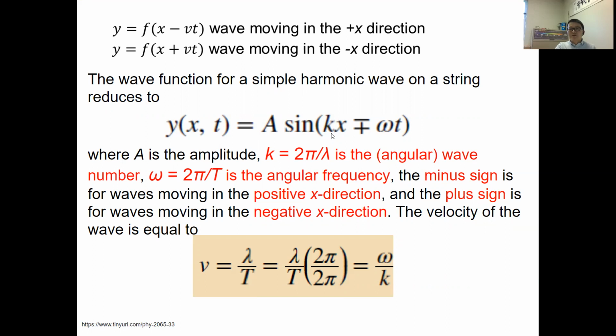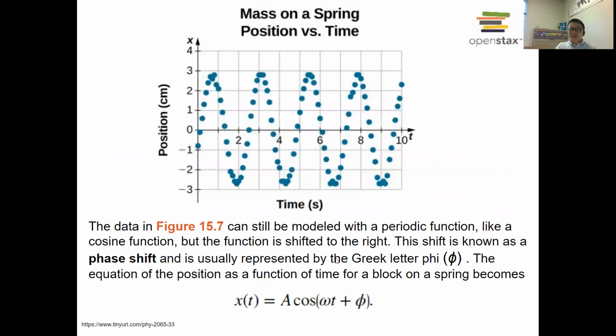By using the wave number and angular frequency, you can also calculate the speed of the wave, which is the angular frequency over the wave number, omega over k. In general, your wave could be a sine or cosine function, but you might start with an initial phase that's not exactly a sine or cosine function.